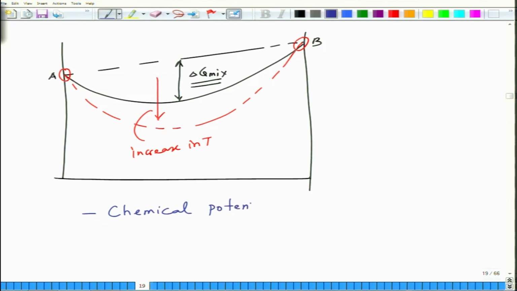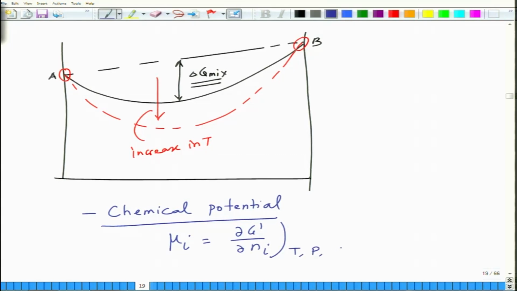So, we determined another term, chemical potential, which is mu I, which is nothing but the change in the free energy upon addition of a component I at constant temperature, pressure, and N1, N2, and so on and so forth.